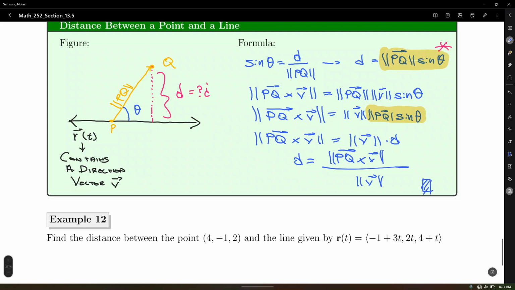So that's our formula to find the distance between a point and a line. That means we need to come up with a point on the line to create that vector PQ, then take the magnitude of PQ cross V divided by the magnitude of the direction vector. Let's see this in action with one example.